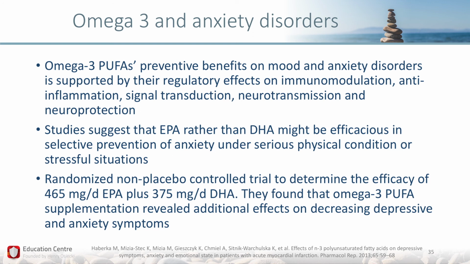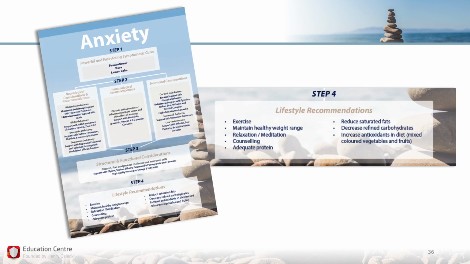DHA is doing all the other wonderful things, but in terms of anxiety, it's the EPA version. There is a lot of supportive literature where high EPA is doing positive things, using a combination of EPA and DHA with a slightly higher percentage of EPA compared to DHA. They found omega supplementation had additional effects on decreasing both depressive and anxiety symptoms.